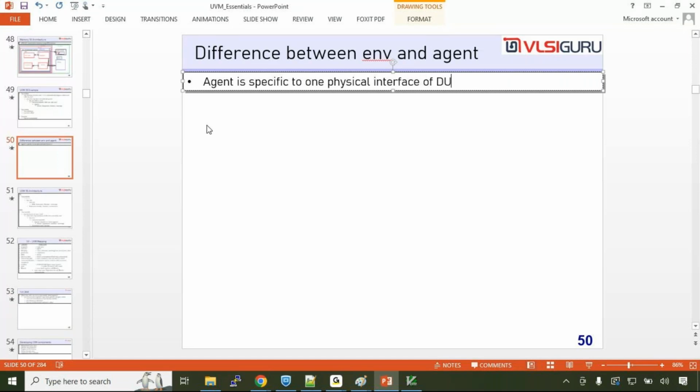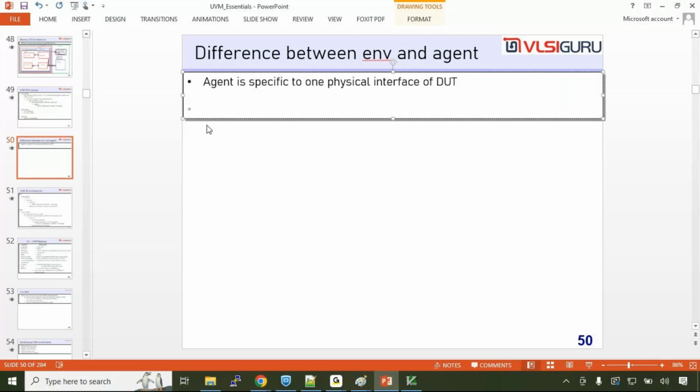Consider a design, a DUT, with two AXI interfaces, three AHB interfaces, and one APB interface.